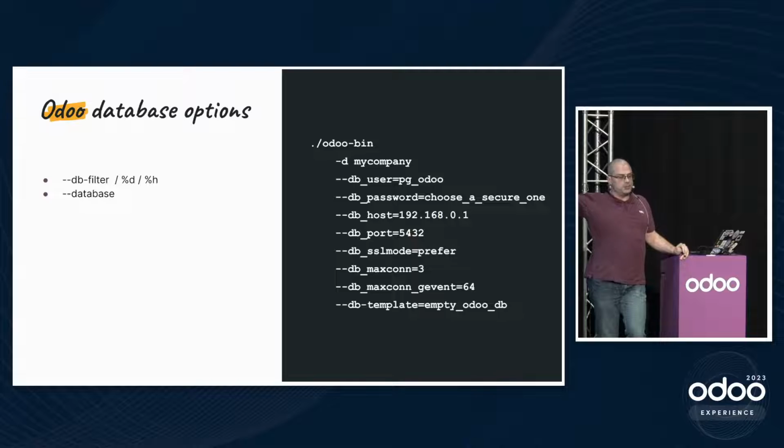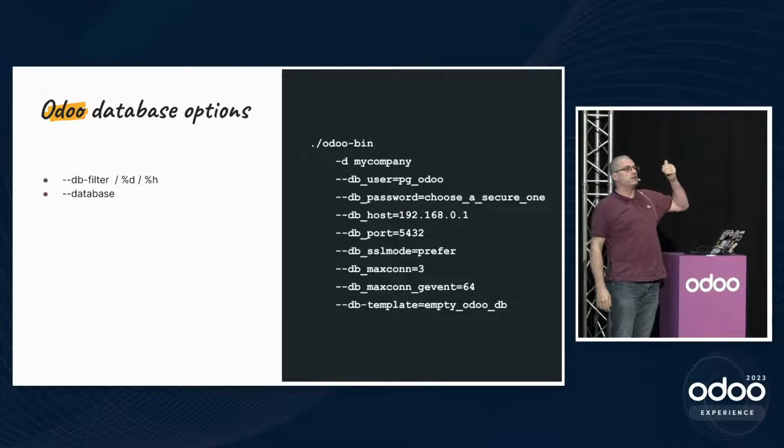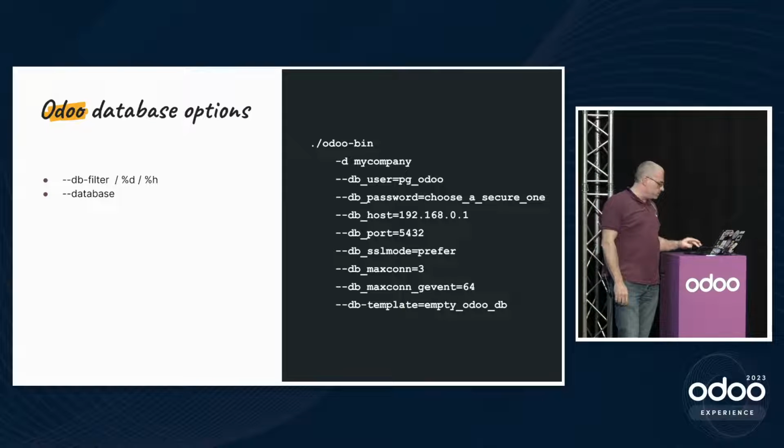There are two magical values for the dbfilter parameter, which are %d and %h. %h is the fully qualified domain name of the machine, and %d is the first name in the fully qualified domain name. You can also specify --database to specify the database you want to connect to by default.